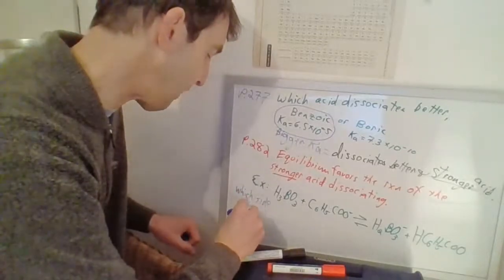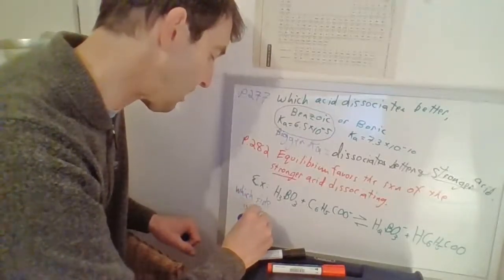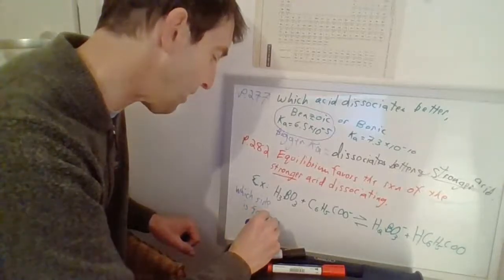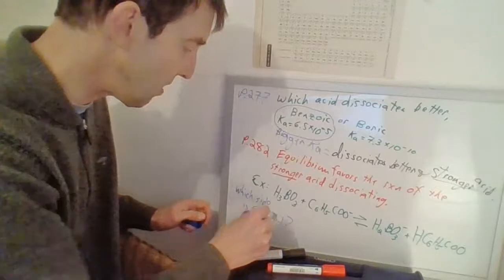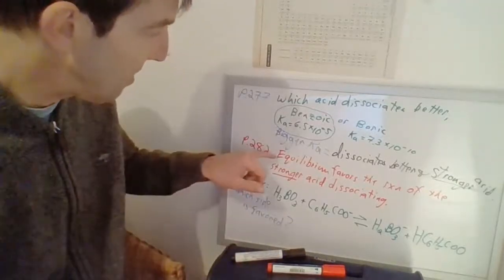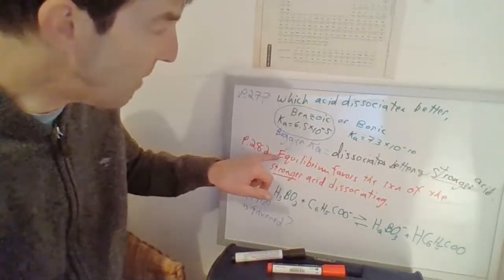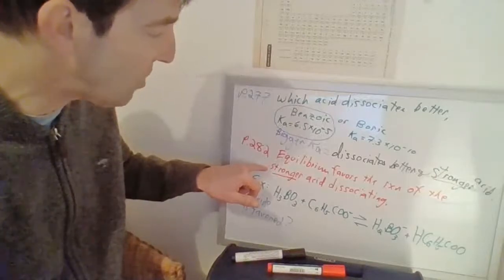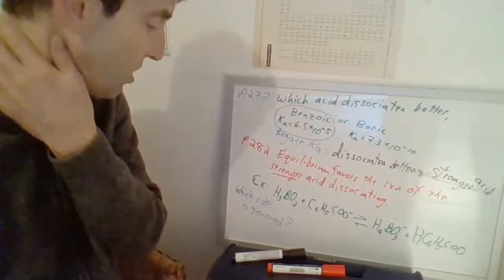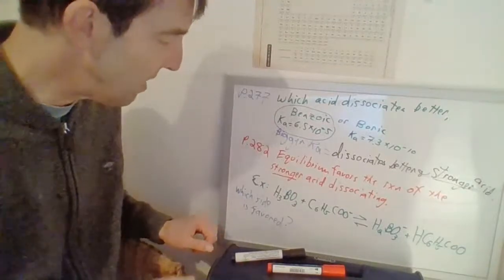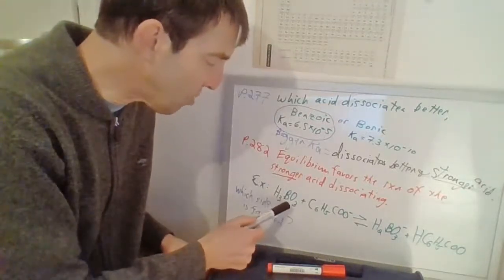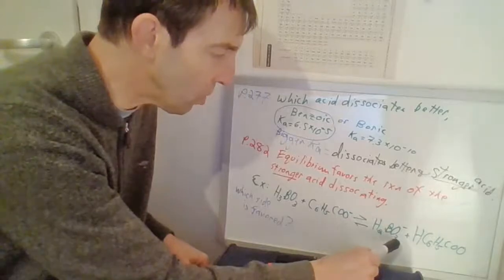Which side is favored? Now, let's look at our little helpful hint. Ready? All right, it's going to be favored the direction of the stronger acid dissociating. Well, let's look at our acids. There's H3BO3, but there's H2BO3 minus.